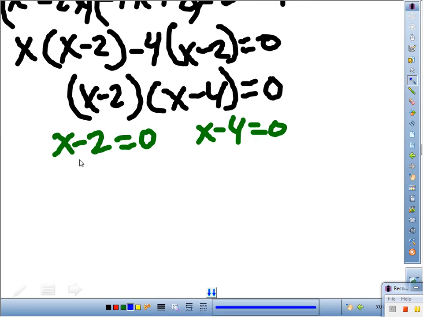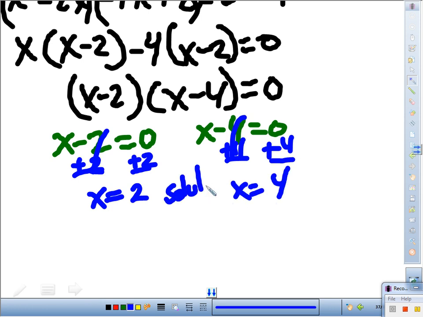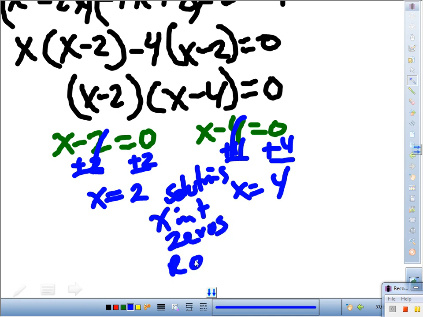What shall I do here? Plus 2 plus 2, x equals 2. How about here? X equals 4. These are my solutions. X intercepts, zeros, or roots.